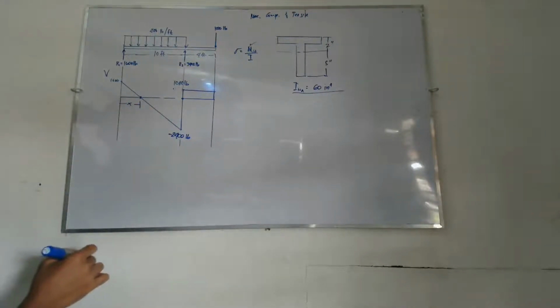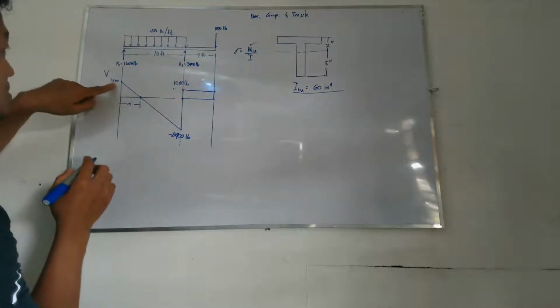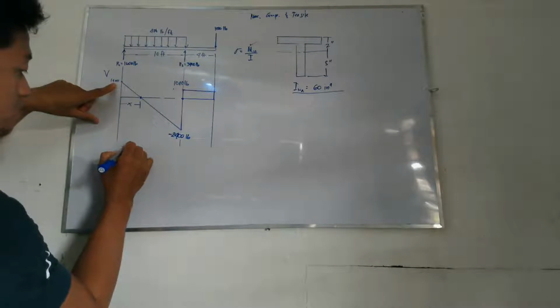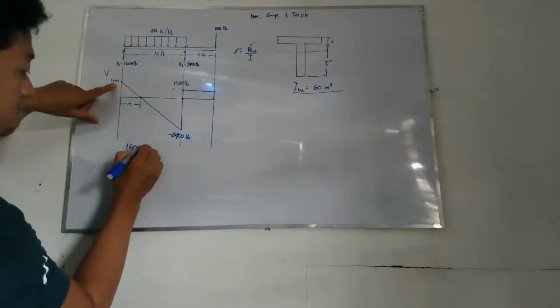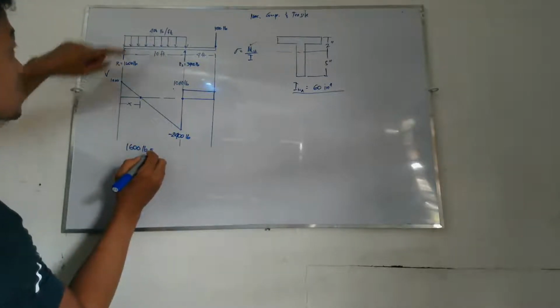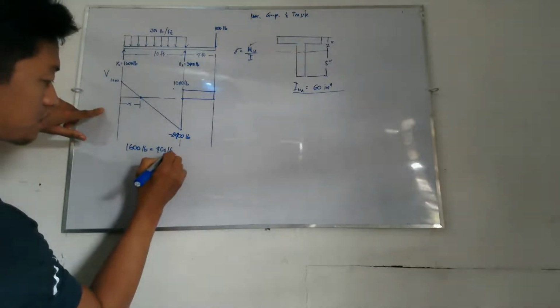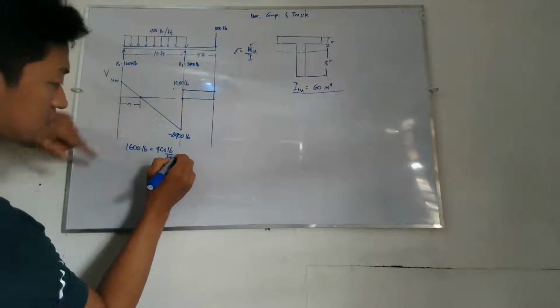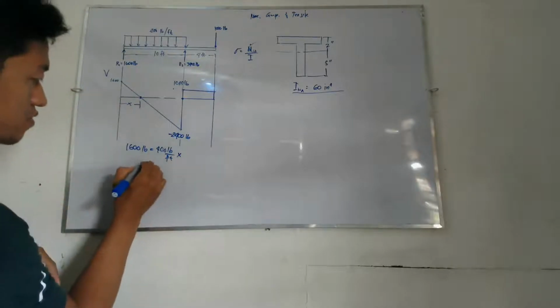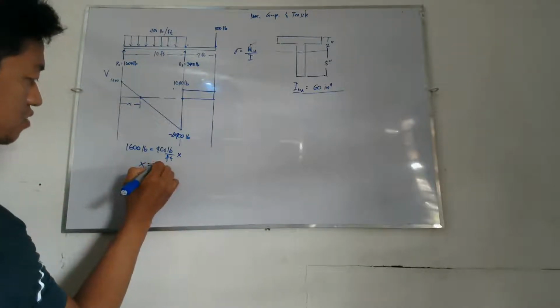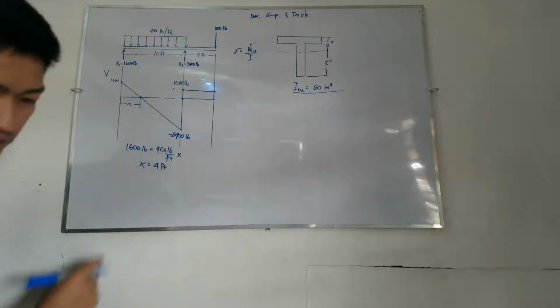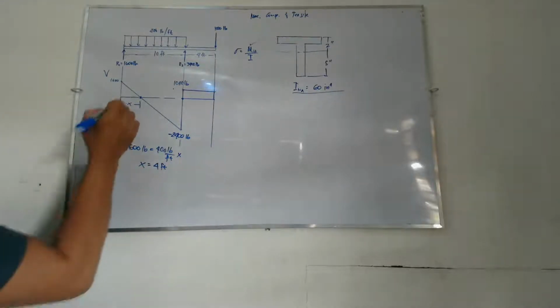Makuha na nato ang length ana. Similar triangles, 1,600 pound is equal to 400 pound per feet times x. Therefore x is just 4 feet.